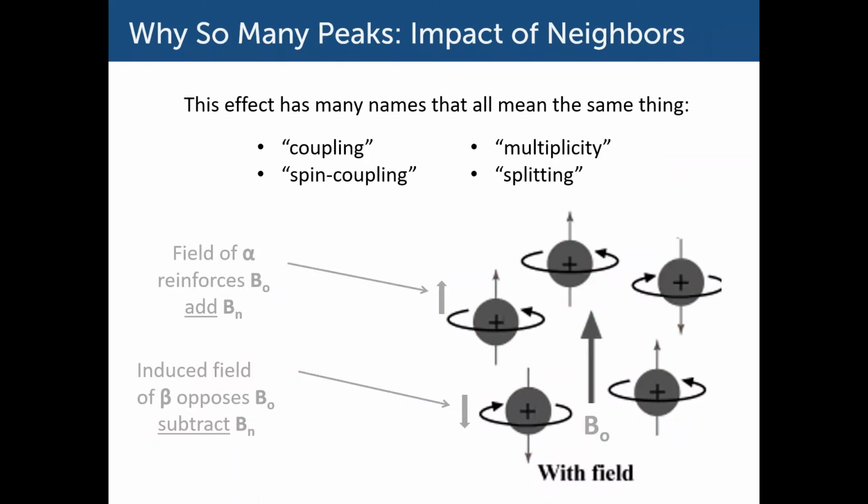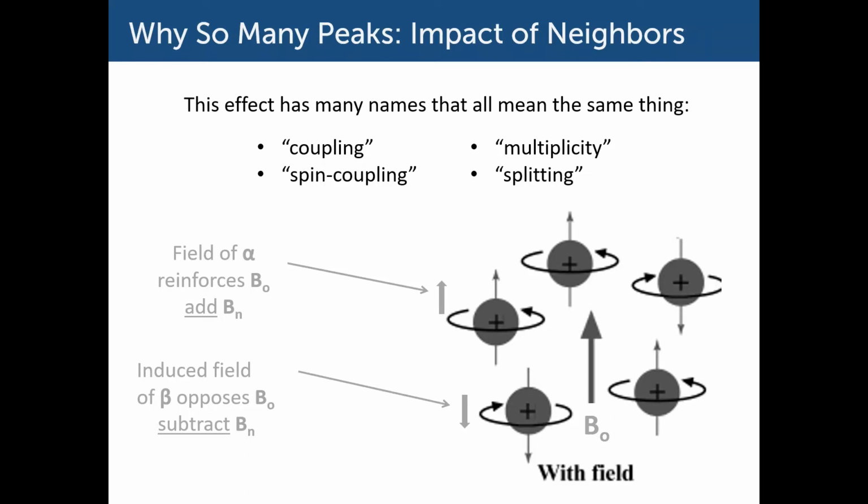So I use this term splitting, and that's to denote this process of incorporating B sub n or being impacted by neighbors. And it goes by a bunch of different names that you'll see used interchangeably in different textbooks or practice problem sets, and even by me. And I do it intentionally. I want you to hear all these terms because depending on what you do next in NMR, if it's just the MCAT or if you're doing organic chemistry or whatever it is, different people will call this exact same phenomenon different things.